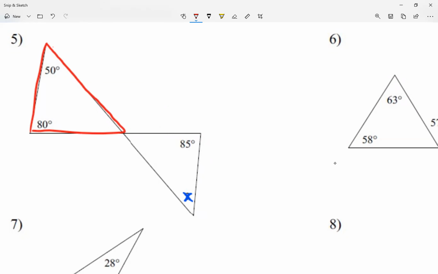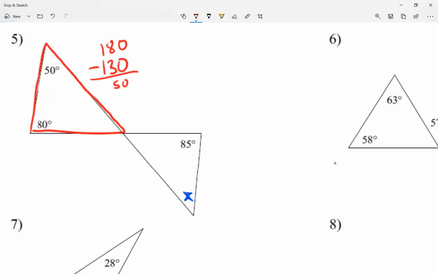Remember how the three angles of a triangle add up to 180? I have two angles. I can find the third angle. All right. I'm going to add the two angles that I have, 80 and 50. Add them up. 80 plus 50. That's going to give us 130. Like I said, I added the angles, and I'm going to subtract this from 180. 180 minus 130 is 50.